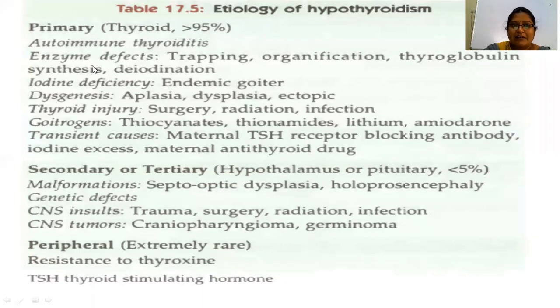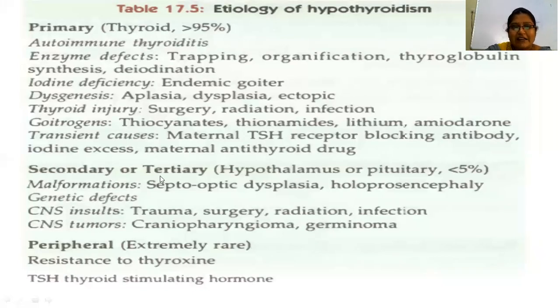Examples for primary are autoimmune thyroiditis, enzyme defects like trapping, organification, thyroglobulin synthesis, deiodination, iodine deficiency like endemic goiter, dysgenesis, aplasia, dysplasia, ectopic, thyroid injury due to surgery, radiation and infection, goitrogens in the form of thiocyanates, thionamides, lithium, amiodarone. Then transient causes like maternal TSH receptor blocking antibody, iodine excess and maternal antithyroid drugs.